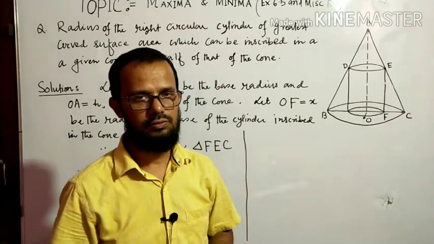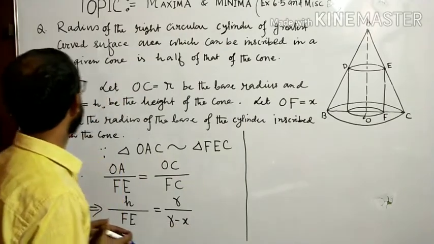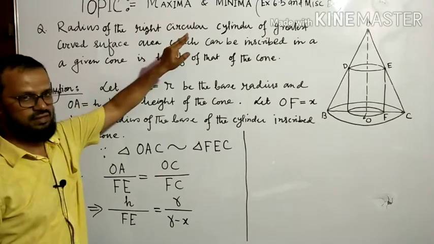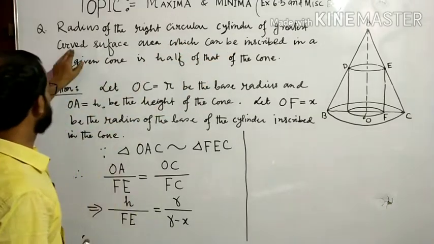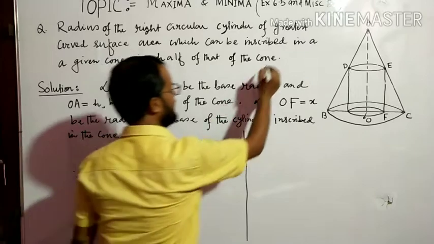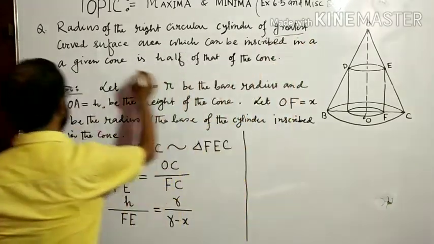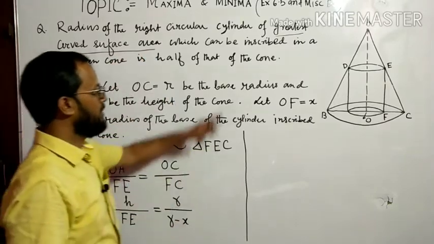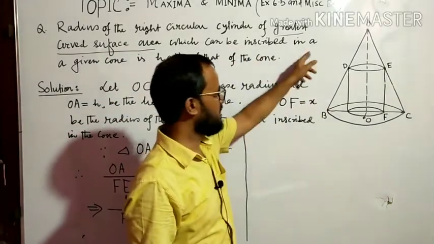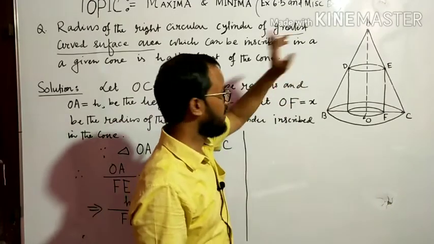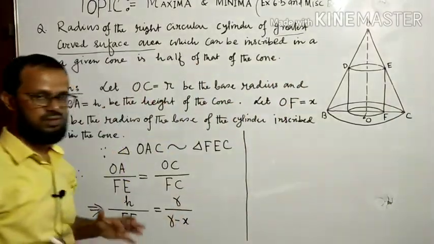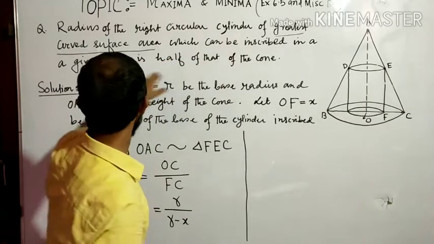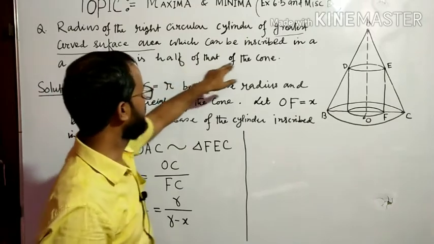Okay, so today's first problem is: the radius of the right circular cylinder of greatest curved surface area, which can be inscribed in a given cone, is half of that of the cone.